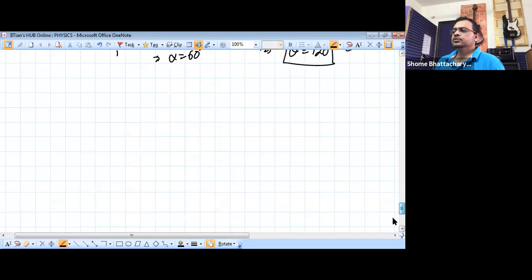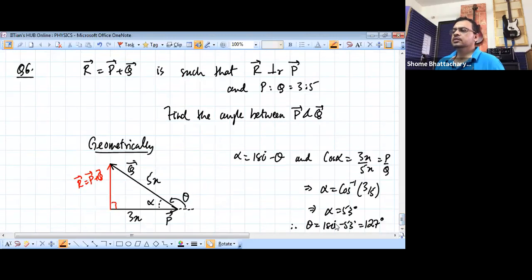Okay, so coming back to this question. So this is the geometrical method. Just make a note of this with you.